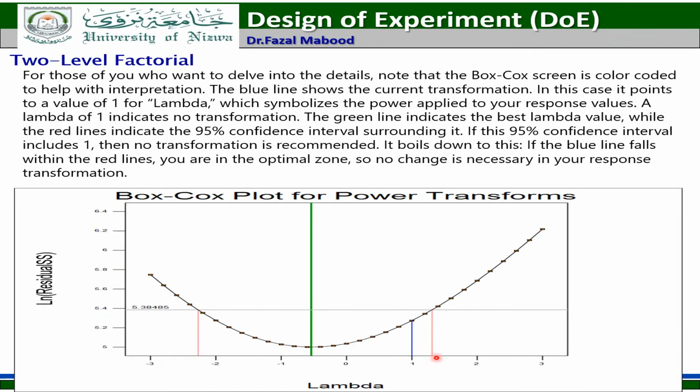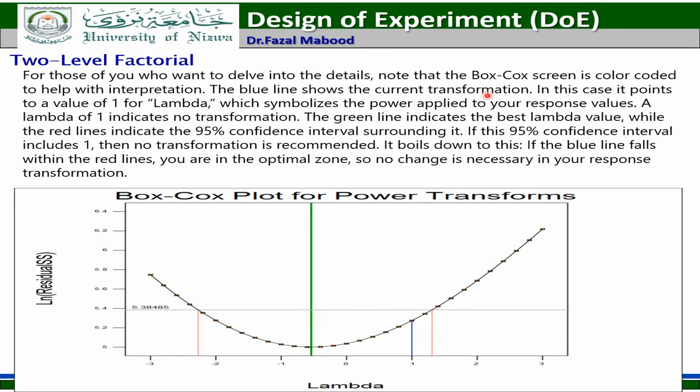For those who want to go into the detail, the box plot has a color code to help with the interpretation. The blue line shows the current transformation. In this case, it points to a value of 1 for lambda, which symbolizes the power applied to your response value. A lambda of 1 indicates no transformation.